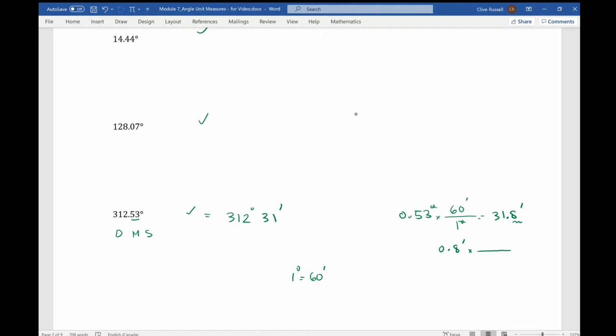Well, again, we know that 1 minute is 60 seconds, so we want our minute to be in the denominator and our 60 seconds to be in the numerator. The minutes go, and you end up with 0.8 times 60, and again we end up with 48 seconds, so we put our 48 seconds there, and then that's our answer.